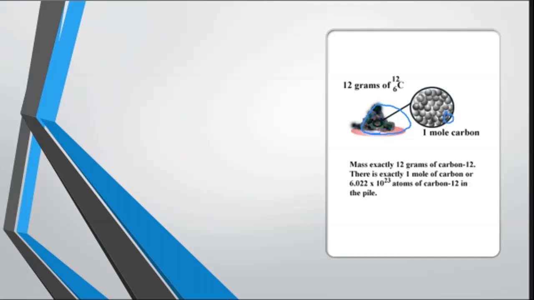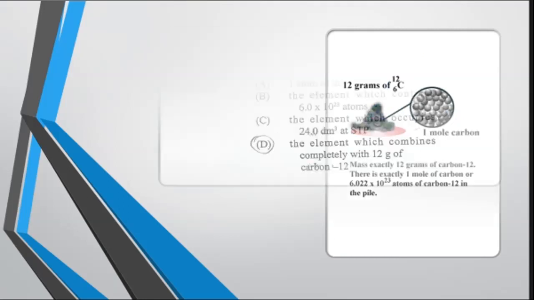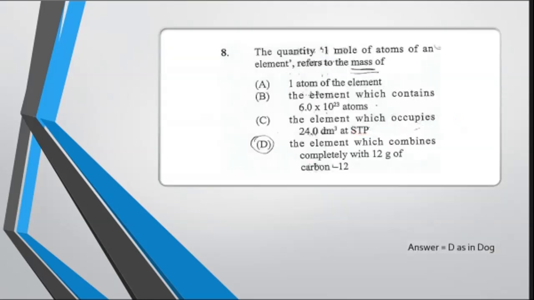Now the reason why they say carbon-12 is because you could have an isotope of carbon, radioactive carbon, carbon-13, carbon-14. So they're referring to carbon-12 as it exists in nature, right? That's what they're referring to. So your answer to this question is D, as in dog, the element which combines completely with 12 grams of carbon-12.